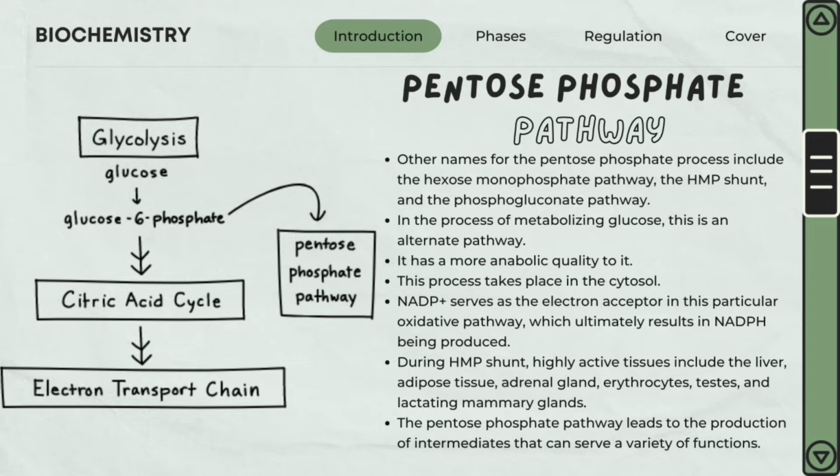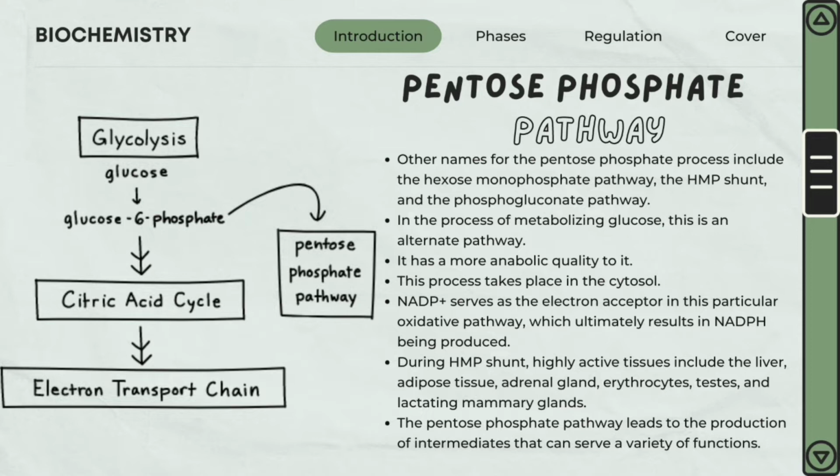This pathway is unique in that it neither produces nor consumes any energy in the form of ATP, or adenosine triphosphate, and this makes it one of the most important pathways in every organism.